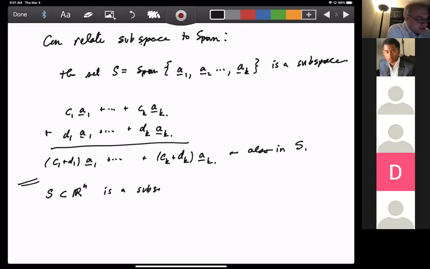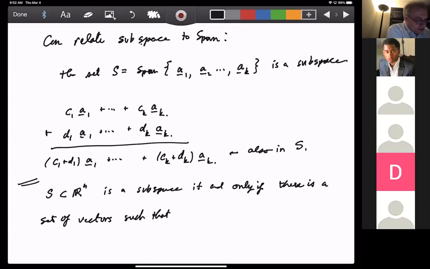That's going to be a subspace if and only if we can find a set of vectors such that S is equal to the span of that set of vectors.